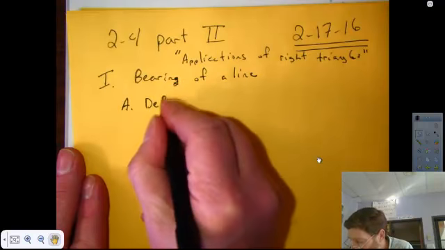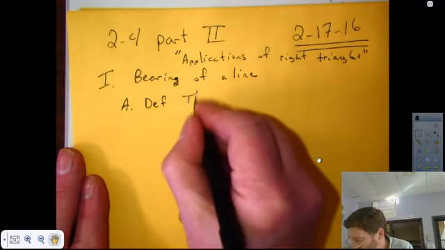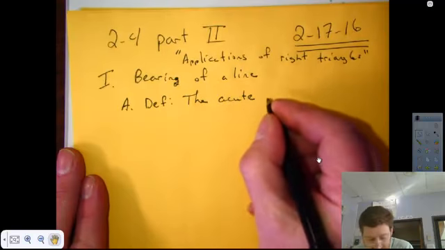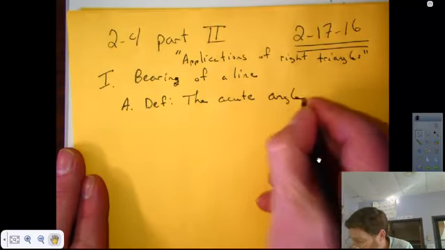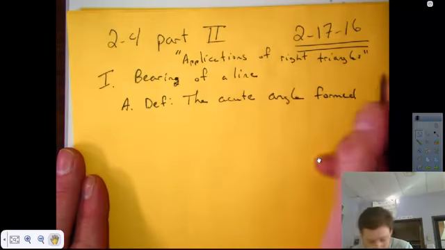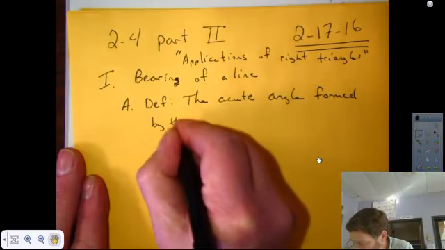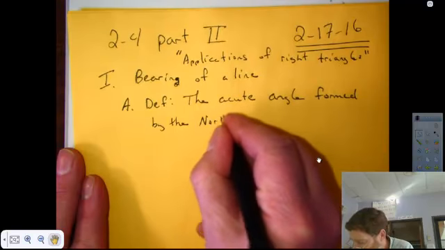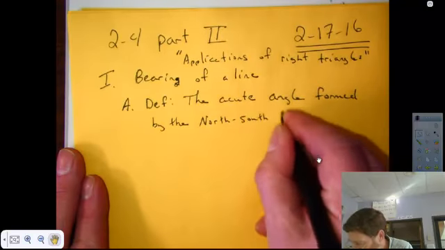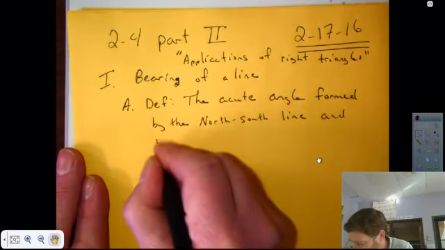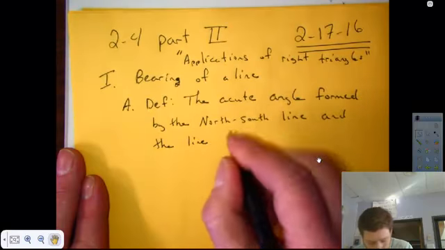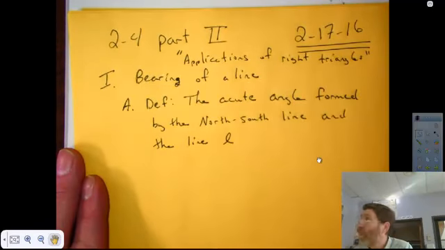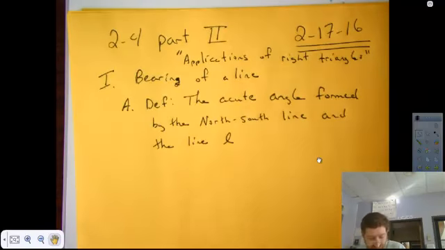So our definition of a bearing: it is the acute angle, so of course less than 90 degrees, formed by the north-south line and the line L. What they do in this textbook is restrict all the angles to be measured from the north-south line.